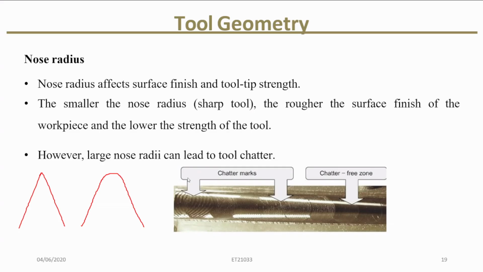For finishing steel on a rigid lathe, 0.4 to 0.8 millimeter is a common sweet spot. For light benches, go smaller. In the image below, see the chatter marks and the free zone.